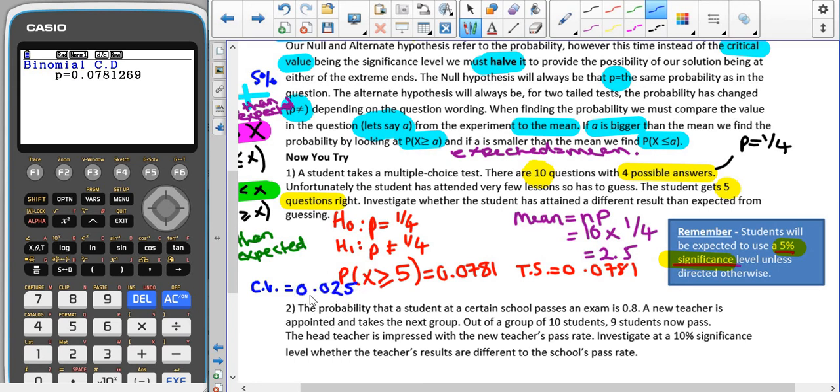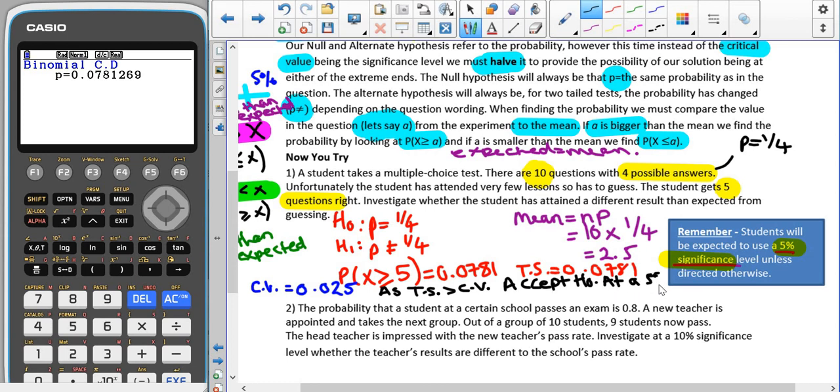That 0.025 has come from the significance level, but then halved because it was a two-tailed test. And we're making the same comparison as we did before. Here our test statistic is more than our critical value. As the test statistic is bigger than the critical value, the chance of this happening just by luck is bigger than what we were looking at. So that means that we're going to accept H0.